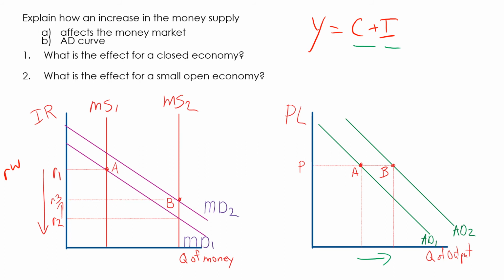If you have perfect capital mobility, foreigners will see that the interest rate you're paying them for their bonds is not that good. It's at R3. It's below the world rate.